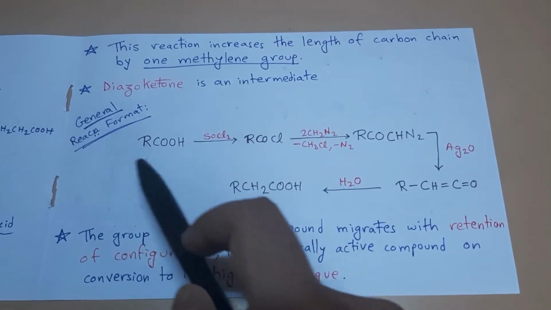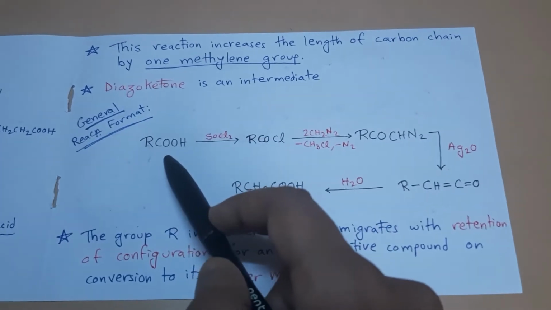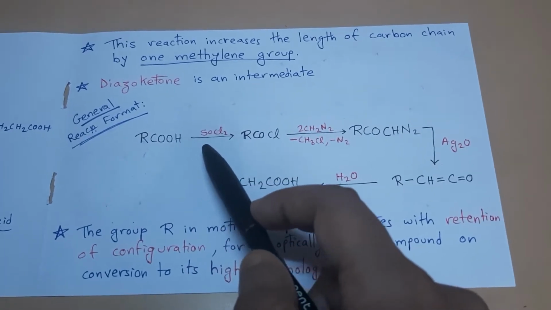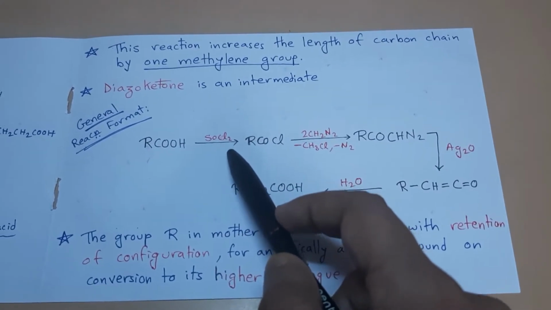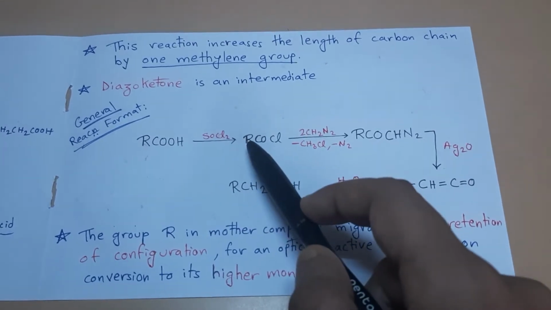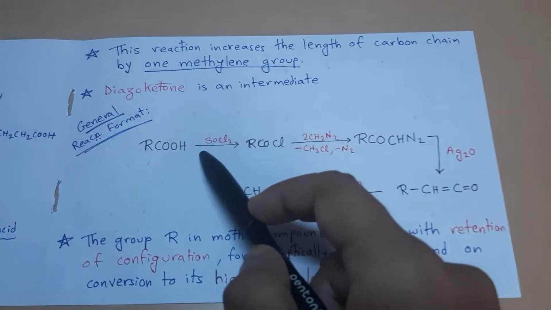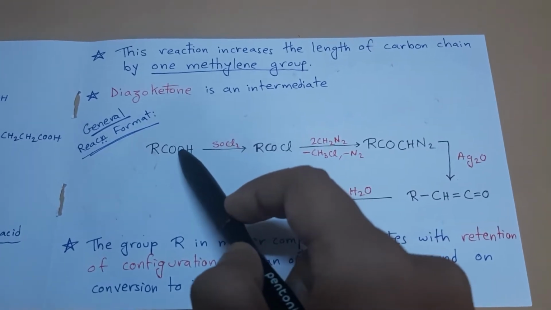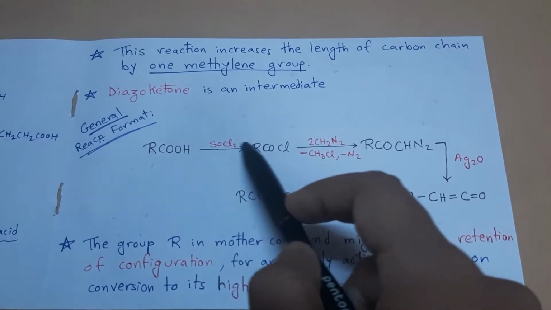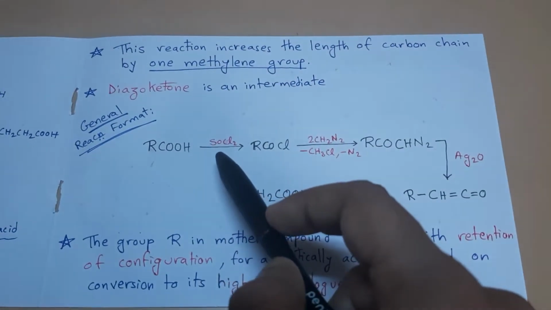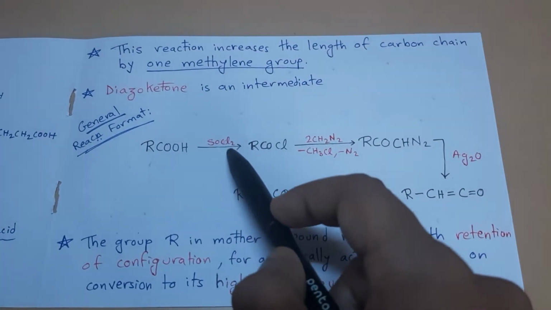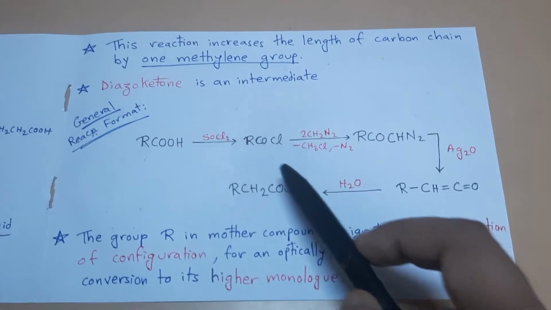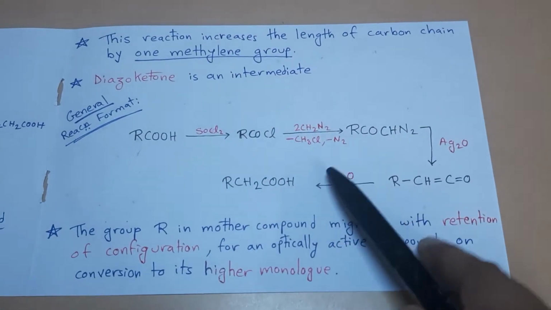The general reaction format goes like this. We take a carboxylic acid, and then we expose it to SOCl2. One Cl reacts with HO and it becomes HOCl, and then another Cl comes here, and it becomes RCOCl.